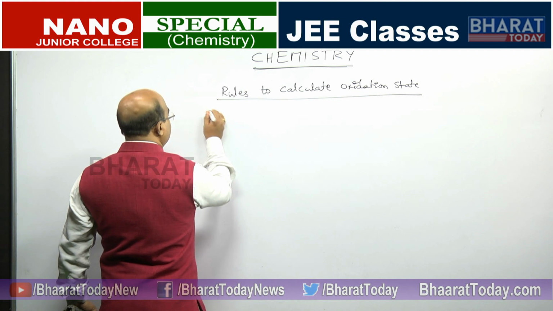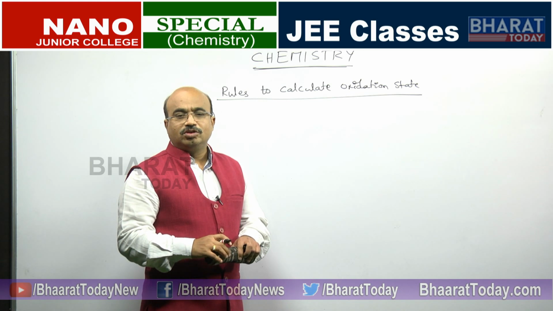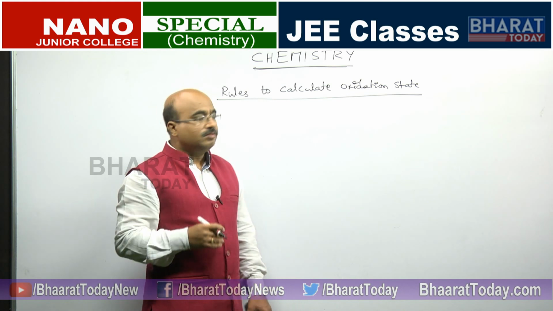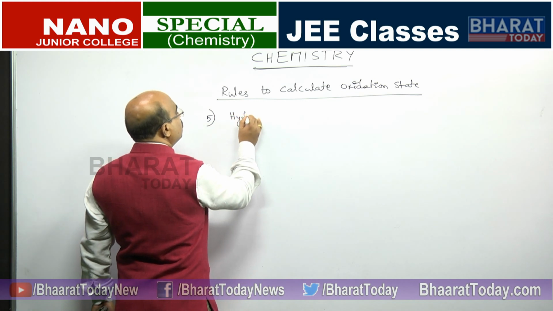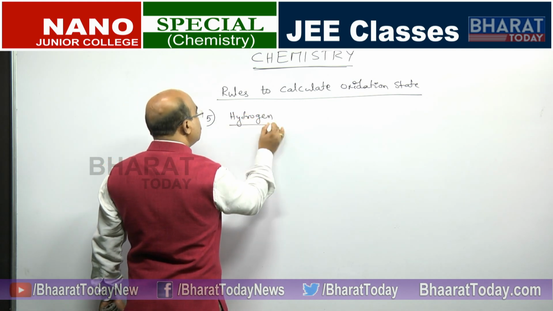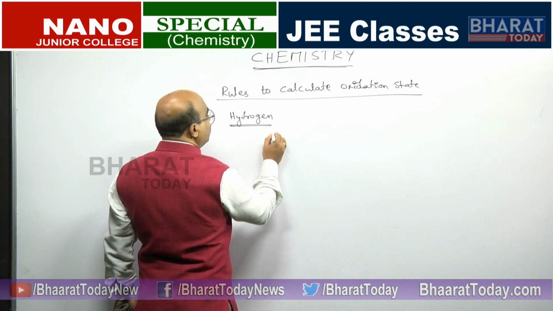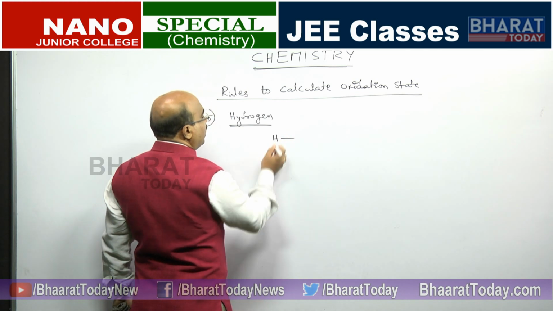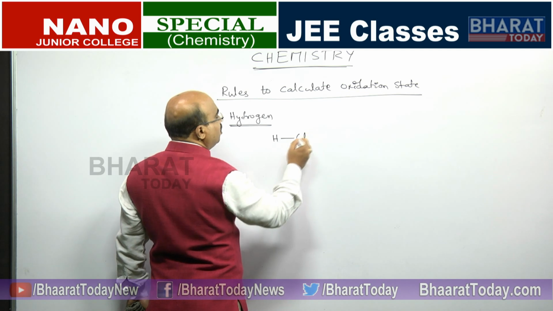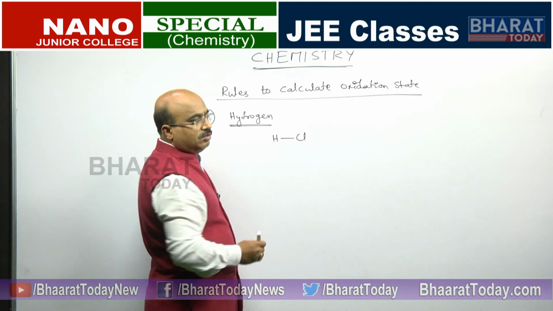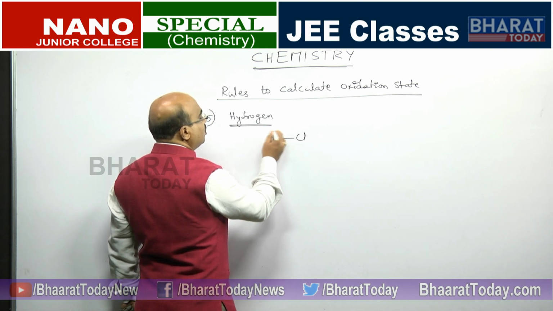So, this is the fifth one. This mainly concerns fluorine and these are taken. Next, if you take hydrogen: hydrogen valency is also 1, but hydrogen may be present with non-metals like chlorine, oxygen, sulfur.